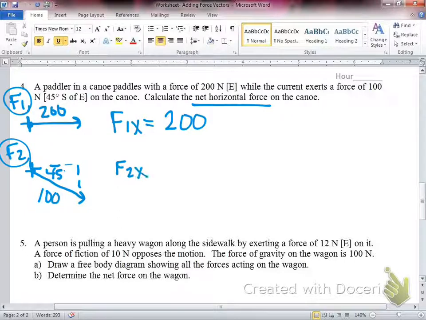F sub 2x, do we know what F sub 2x is? 70.7. Okay, so we solved for that already. F sub 2x, we solve for that by taking 100 times cosine of 45. And we get a value of 70.7 newtons. And it's heading east, so it gets to stay positive.